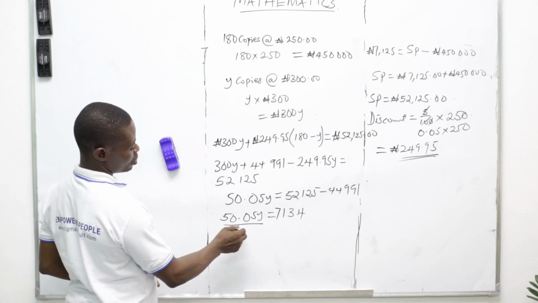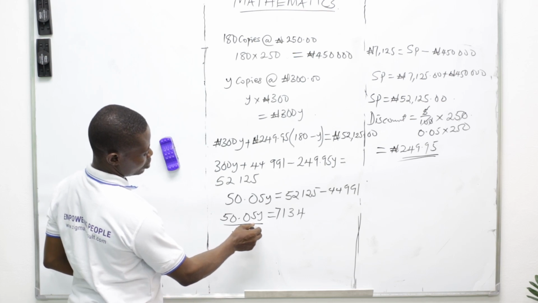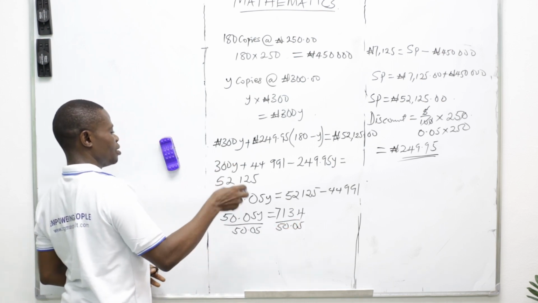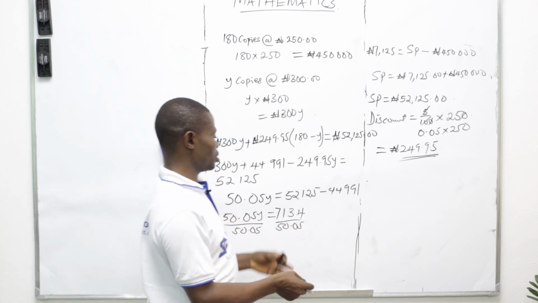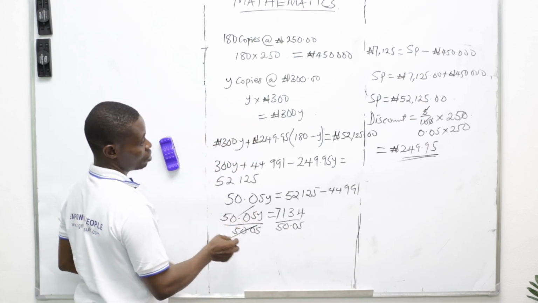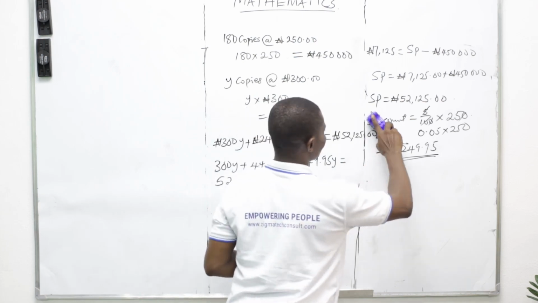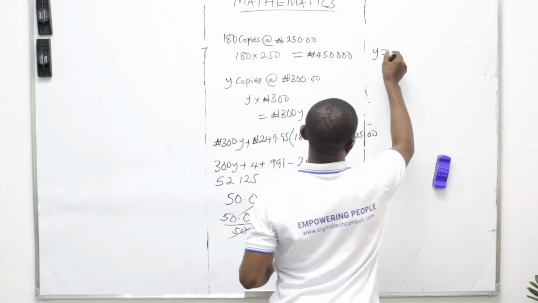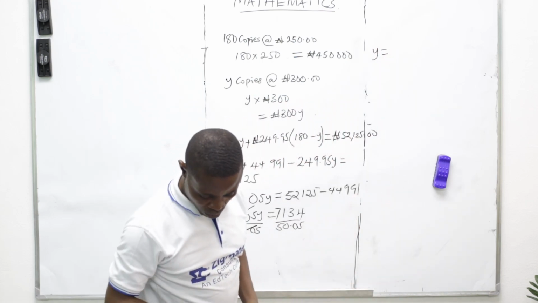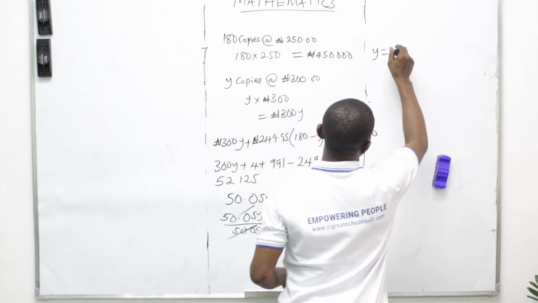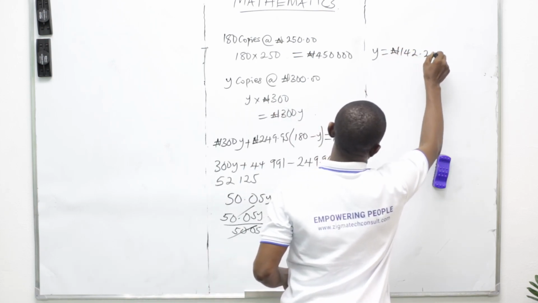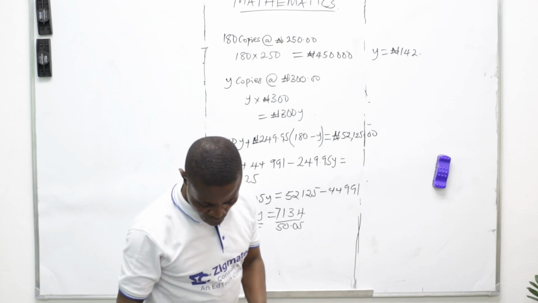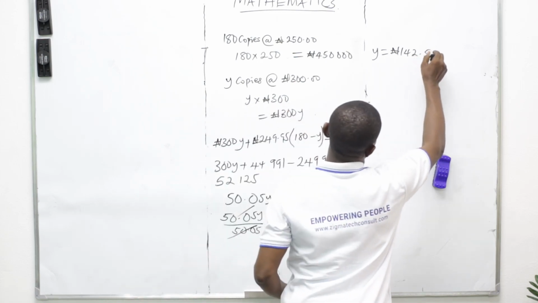Dividing through by this, 50.05, that's 50 naira 1 kobo, because it's not up to this, this will cancel. y now equals approximately 142.54.